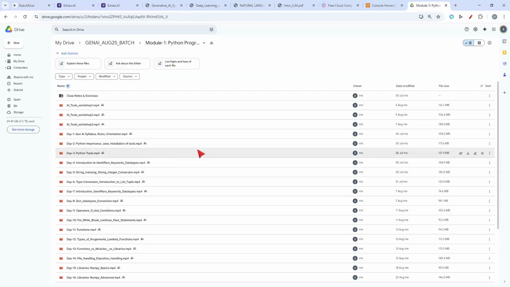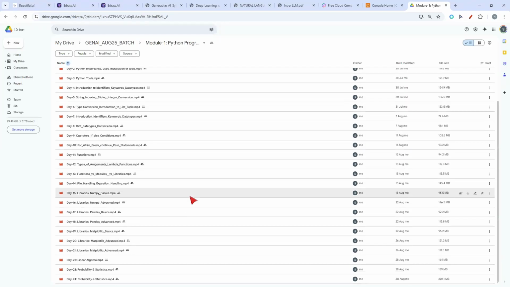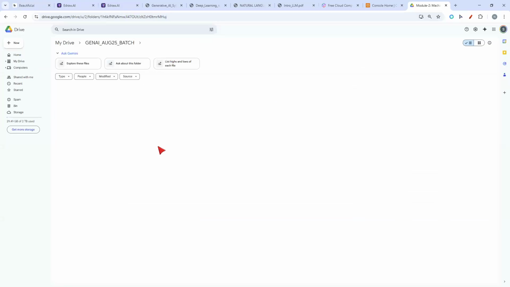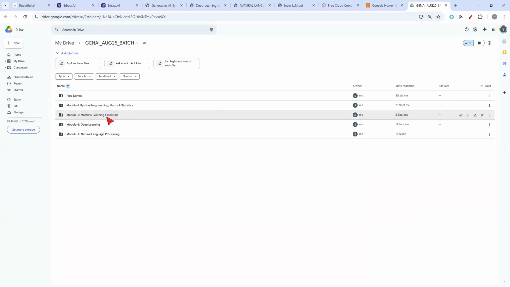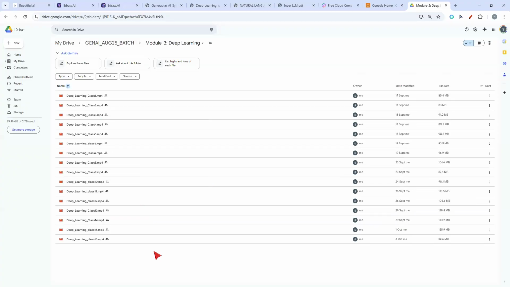So this is from my previous batch, and you can have a look at the number of classes we have taken as part of the curriculum. This is for Python, and this is for machine learning. They have some limited classes, so these were 1.5-hour classes, but usually you'll have 1 hour of classes only.